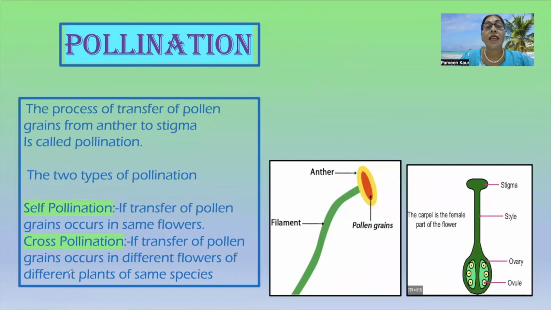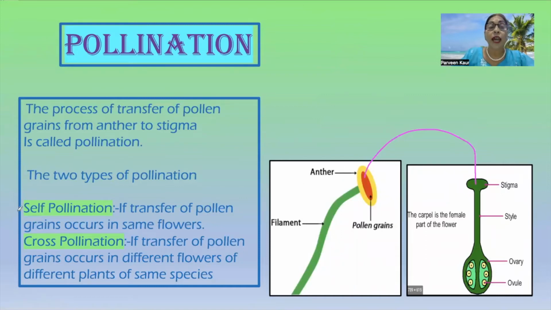Now we will see what pollination is. The process of transfer of pollen grain from the anther to the stigma is called pollination. It happens by wind, water, and most flowers get pollinated by insects.